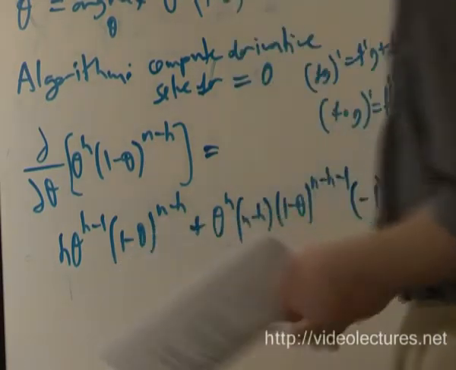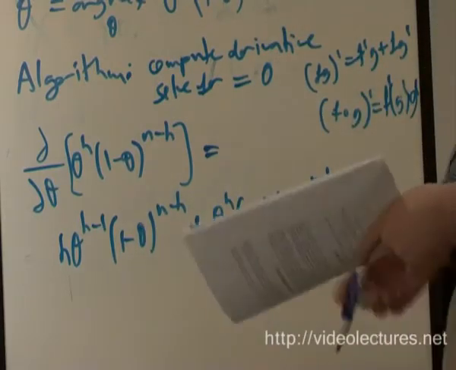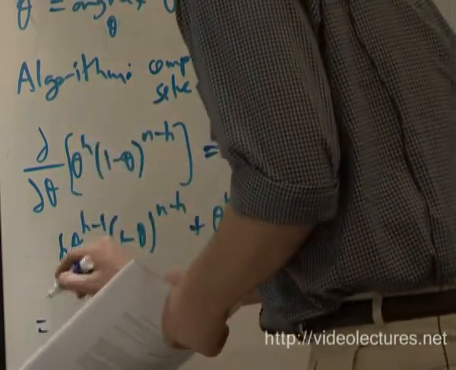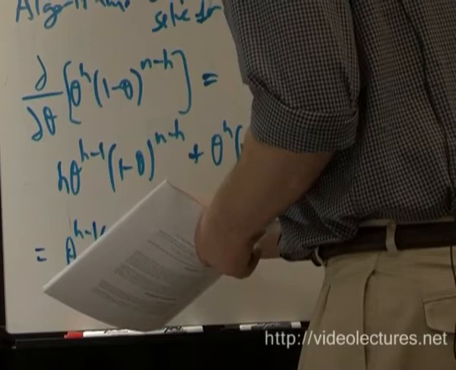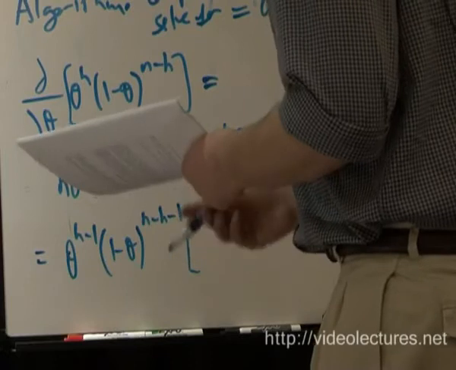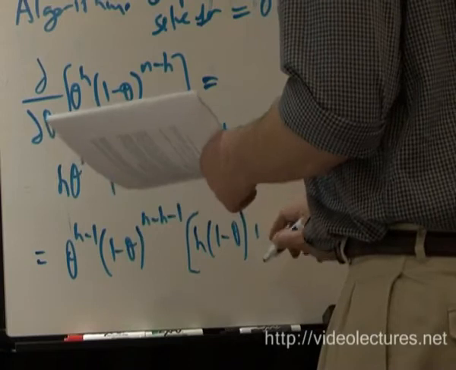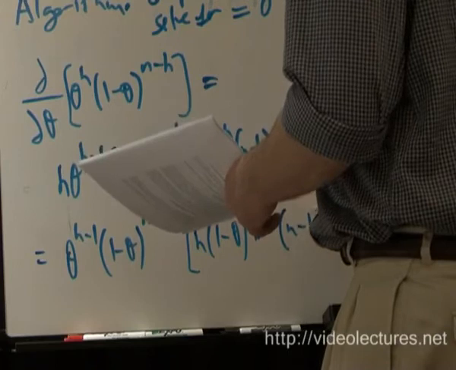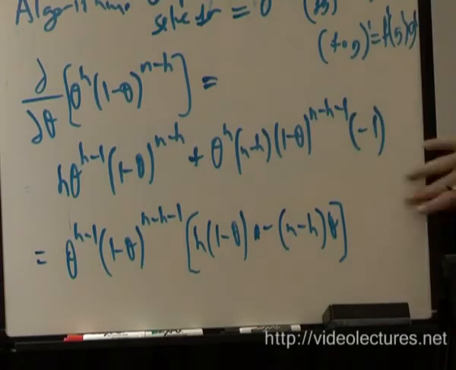This is the sum of two terms, and I'm going to write it as a single term. So that equals theta to the power h minus 1 times 1 minus theta to the power n minus h minus 1 times h times 1 minus theta minus n minus h times theta. This is just rewriting this expression.